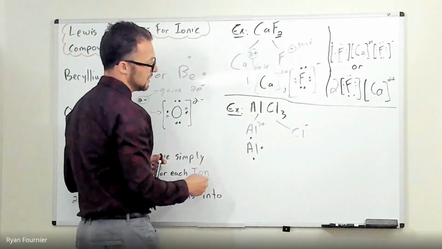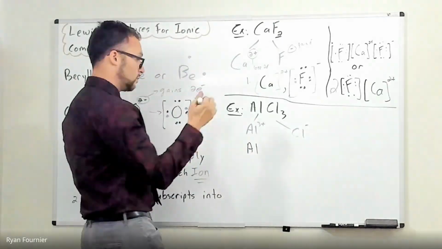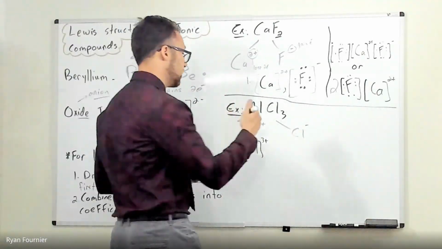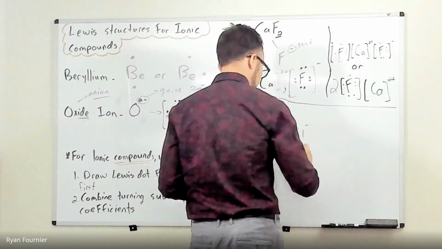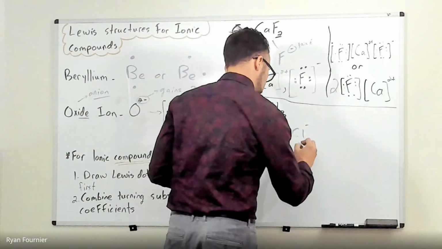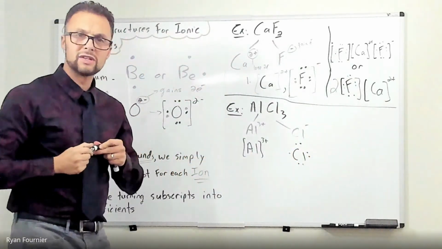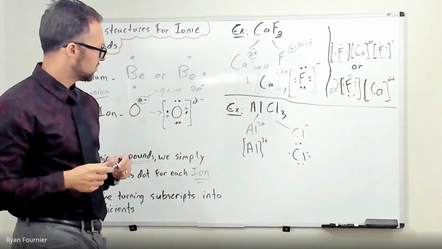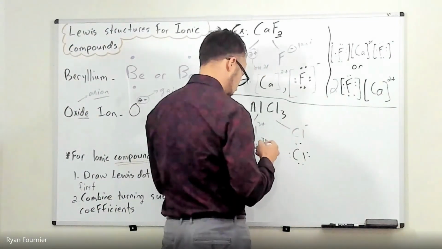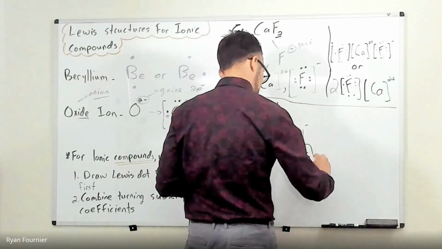But since it's an ion and it's losing those 3 here, okay? And then chlorine, again, originally it's in group 17, so it's going to have 7 valence electrons. Okay, so it would gain 1, and then that would just, again, go in brackets.